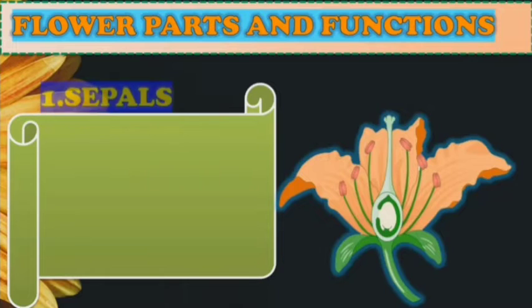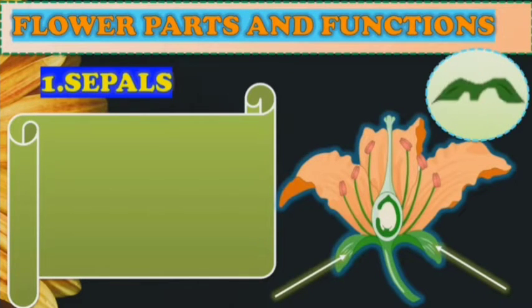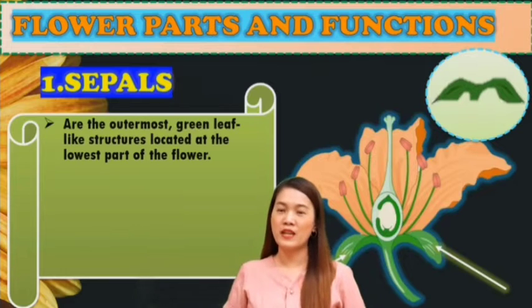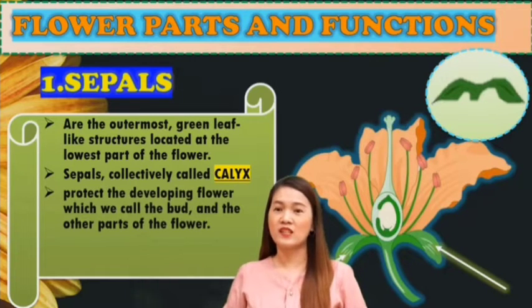Today's lesson is all about the parts of the flower, specifically the male and the female reproductive parts of the flower. First, let's talk about the sepals. Sepals are the green leaf-like structures located at the lower part of the flower. They protect the developing flower, which we call the bud.